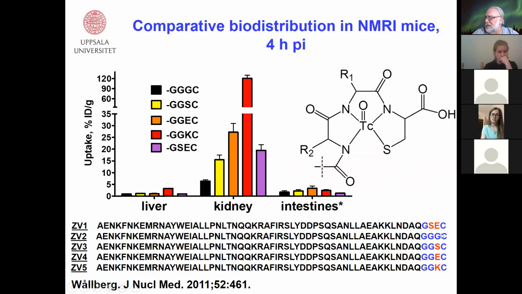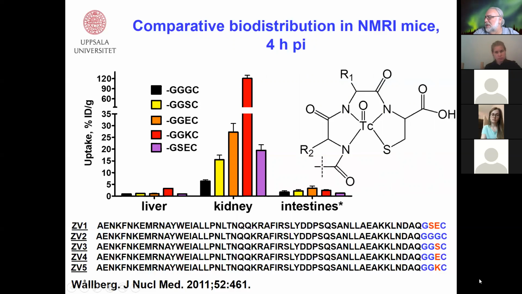Totally it was 10, but we have very neutral 3-glycine cysteine, GSEC, which is essentially mirror of our best mercaptoacetyl-based chelator, mercaptoacetyl ESE.